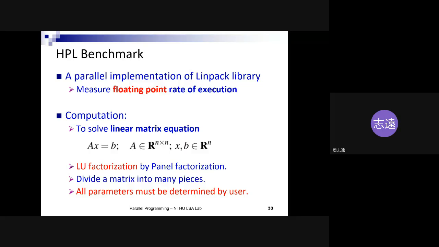The way to use this benchmark is you use your computer to solve this equation. A shorter runtime doesn't mean you have a better score. The score is calculated by flops, floating point operations per second. You can solve this equation for a very, very long time, as long as the amount of computation you perform divided by time is the highest. Then you get the highest score.